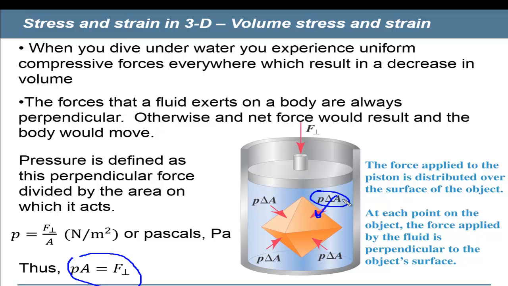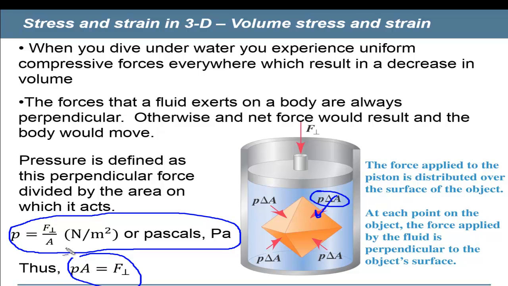The reason we call it a delta area in this picture is because the area will be changing, as we'll see when it's compressed. But the main thing that we take away from this is pressure is the perpendicular force divided by area, and so we can solve for this perpendicular force as the pressure times the area.